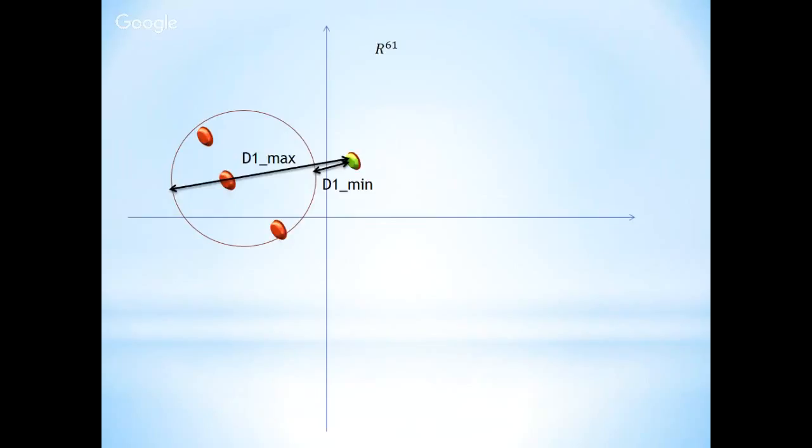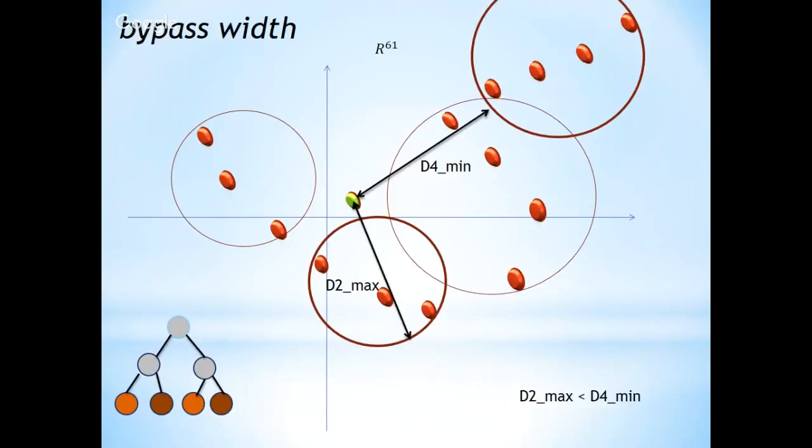So I need to define the distances to each circle for the next explanation. For example, now we can see circle 2 and circle 4. We can see that the highest possible distance to the points of circle 2 is lower than the lowest possible distance to the points of circle 4.